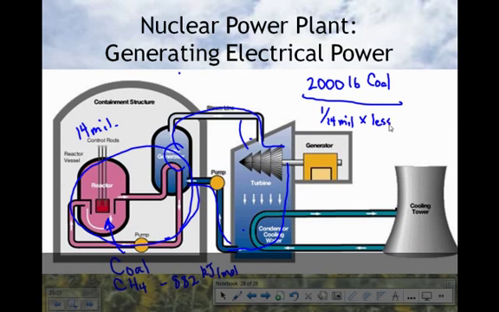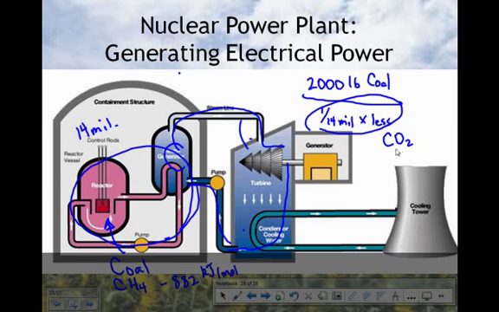That's significant because that would produce a lot less waste than burning 2,000 pounds of coal. And how many tons do you suppose are burned in a traditional power plant every year? Plus, with nuclear power, there's no greenhouse gases emitted.